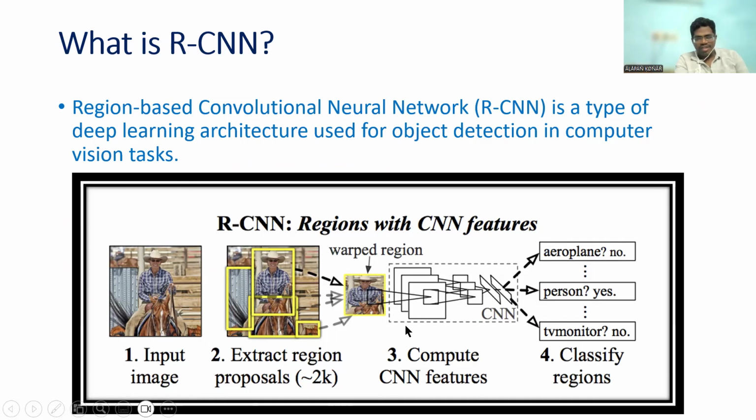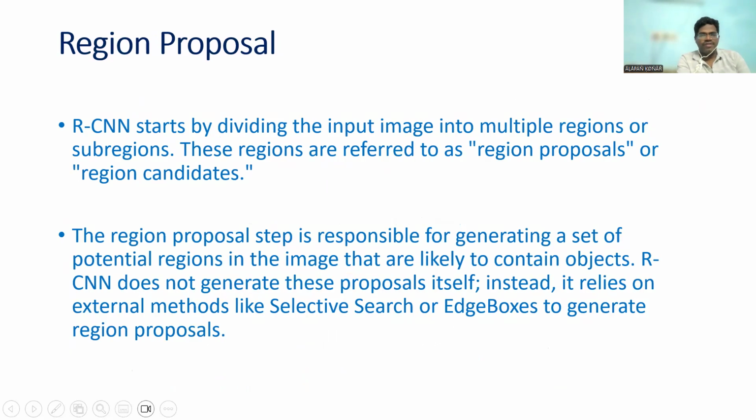With the help of this we can compute the CNN features, and at last we can classify the region, whether it belongs to an aeroplane, person, or TV monitor, and so on. Whatever image is there, we can feed it to the RCNN and train, and at last we can decide what is what.